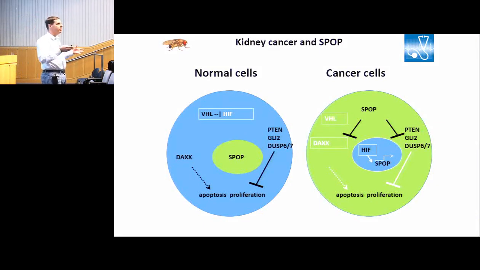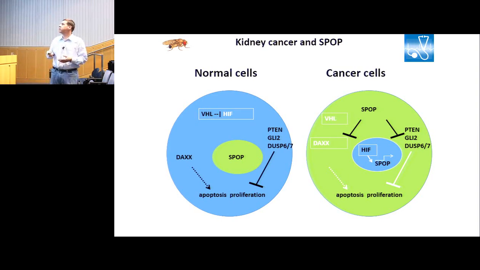SPOP is making it proliferate by this novel mechanism of downregulating PTEN, as well as several other substrates and other important pathways for cancer proliferation or blocking apoptosis. And so you can imagine this is sort of like a really nasty loop. So then the tumor grows, you get more hypoxia, more HIF, more SPOP, more VEGF, more tumor.